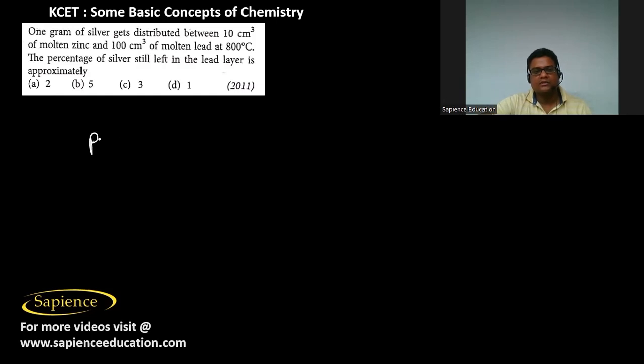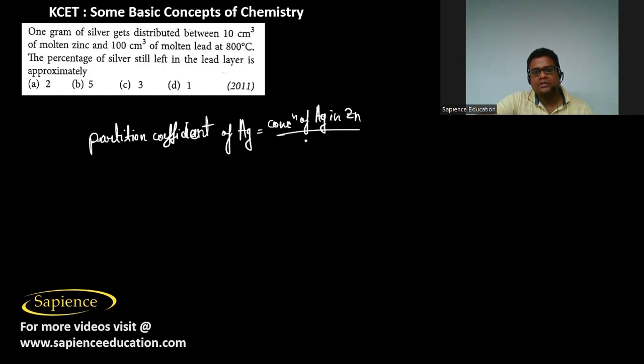So here we saw that the partition coefficient of silver is given as the concentration of silver in zinc divided by the concentration of silver in lead.